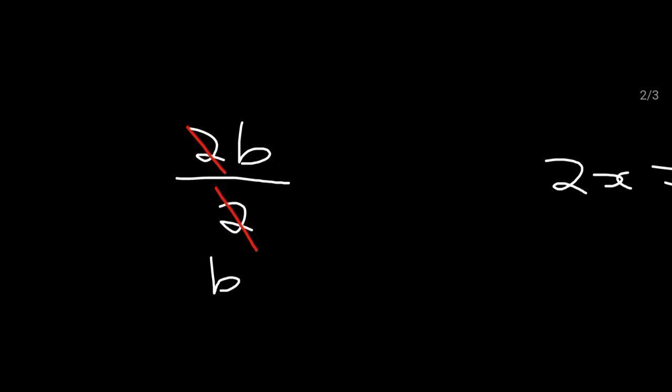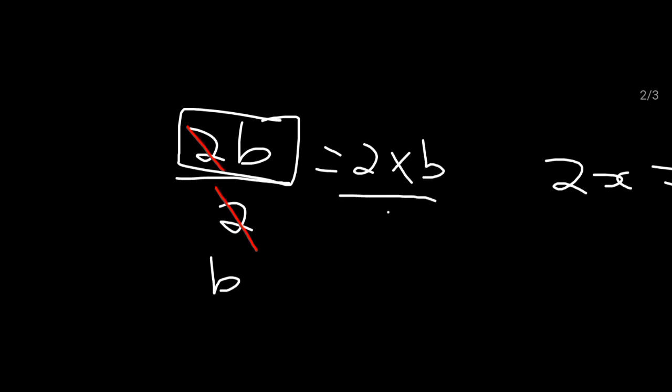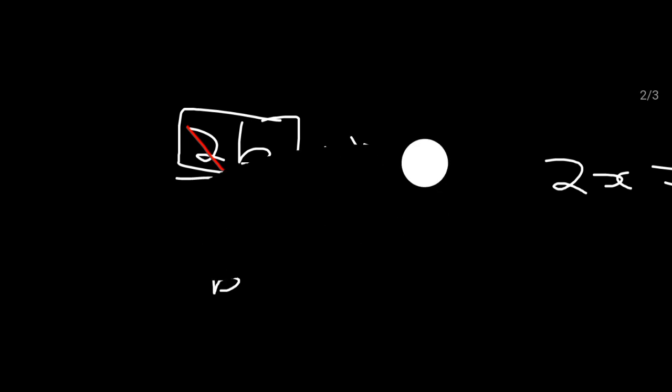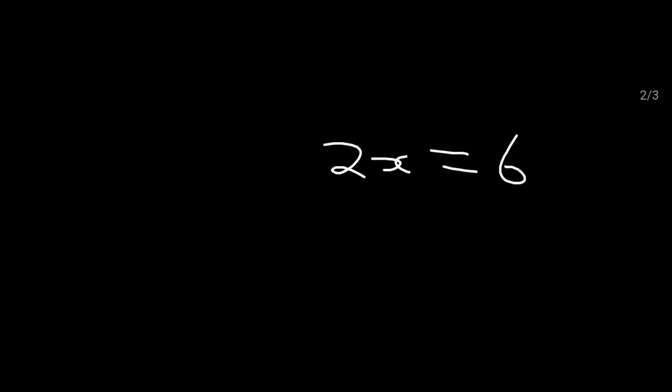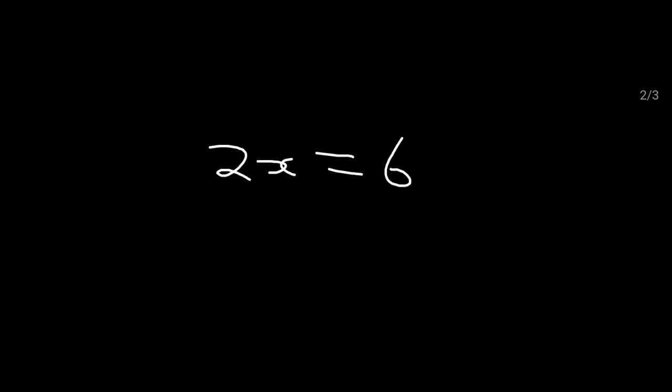So whenever you have a number multiplying, like 2 multiplied by b, you divide by 2, and the 2 cancels the 2, and you are left with whatever you are looking for. In this situation, we have 2x, meaning to remove that 2 we cannot transpose, we will divide by 2.